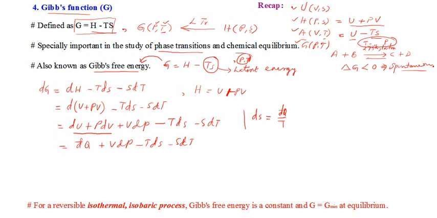So d bar q equals TdS, and this d bar q can get cancelled with the minus TdS here. So what you are left with finally is VdP minus SdT. So that is our final equation of interest: dG is equal to VdP minus SdT.